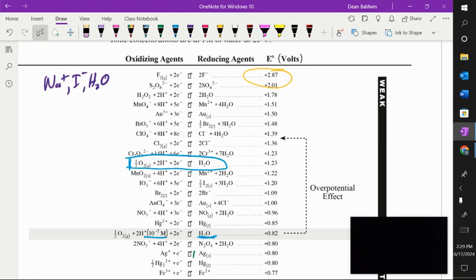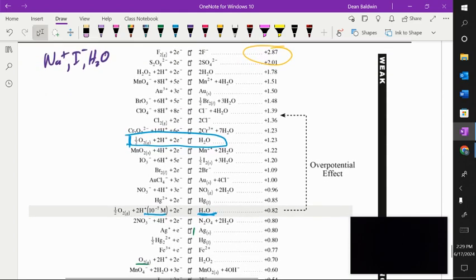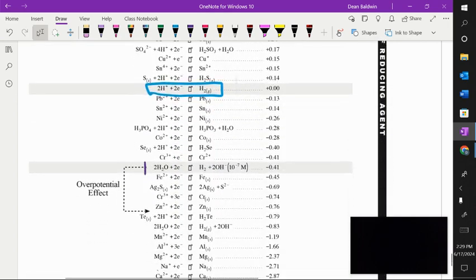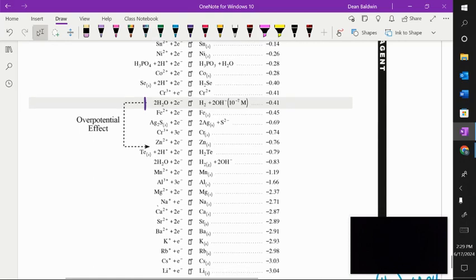So we're going to look on the left side, because we're looking for what is going to be reduced. The strongest ones are up high, and the weaker ones are low. So you want to find, of these three, which ones are the highest on the left-hand side. So really it's sodium and water. Those are the two you're looking at, right?